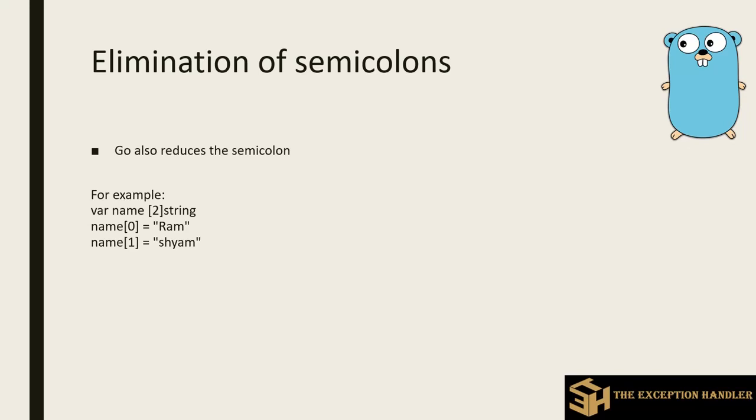So this semicolon is actually added by the lexer and is needed by the compiler to understand whether the line has ended or not. Now, the key rule of thumb that you need to keep in mind is the lexer will add a semicolon by itself when it encounters a line feed.